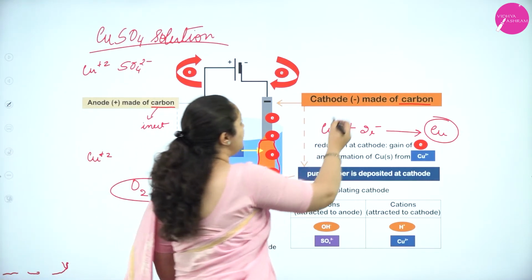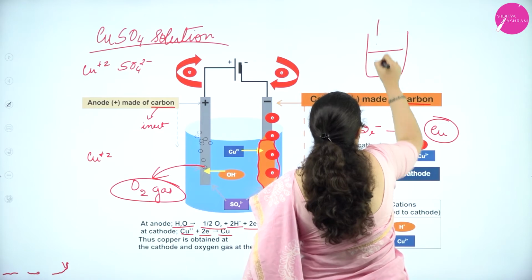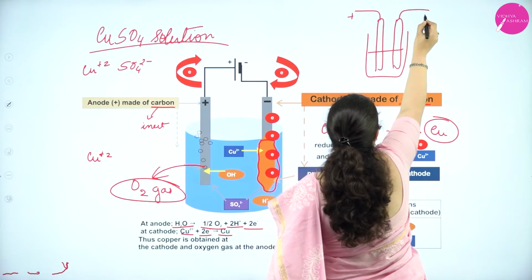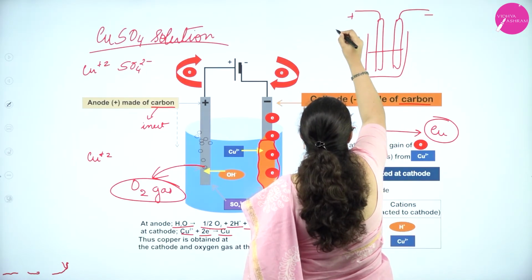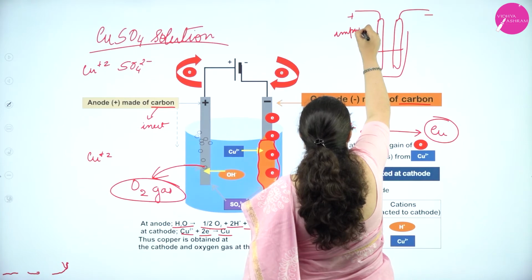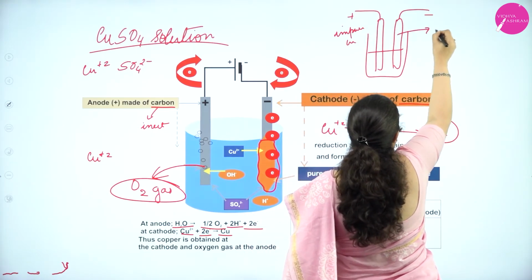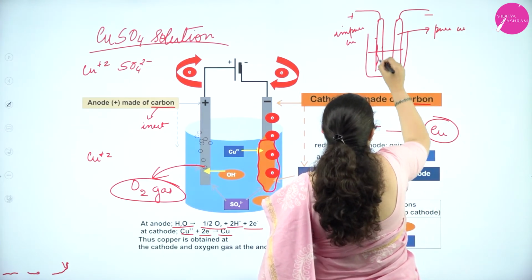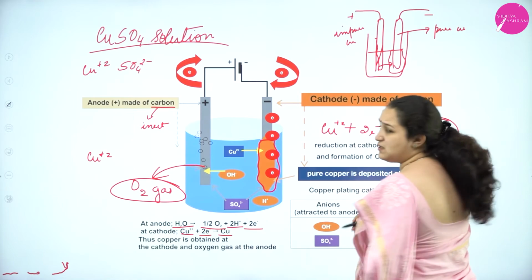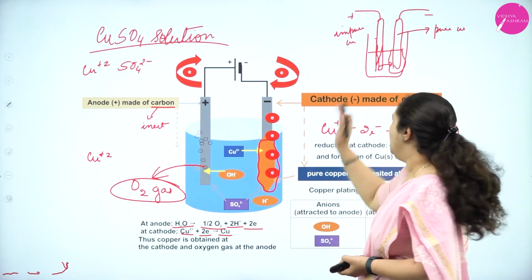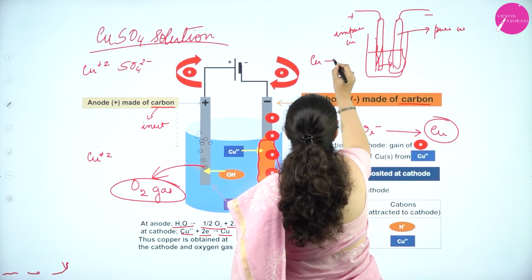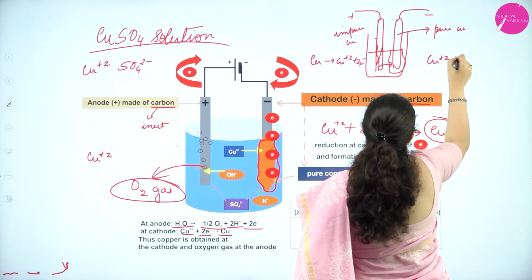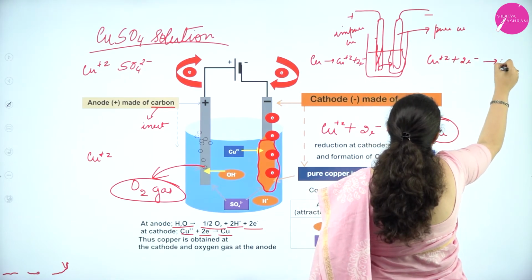So, change in electrode, you see there is so much difference, isn't it? When I took just copper sulfate solution and took impure and pure copper, this is the anode, this is the cathode. This is impure copper, here we took pure copper. What is happening here? This is dissolving and here it is getting deposited. That's all the reaction which is happening. Here I can write, copper forming Cu2+, liberating 2 electrons. Here Cu2+ was accepting 2 electrons to form Cu.